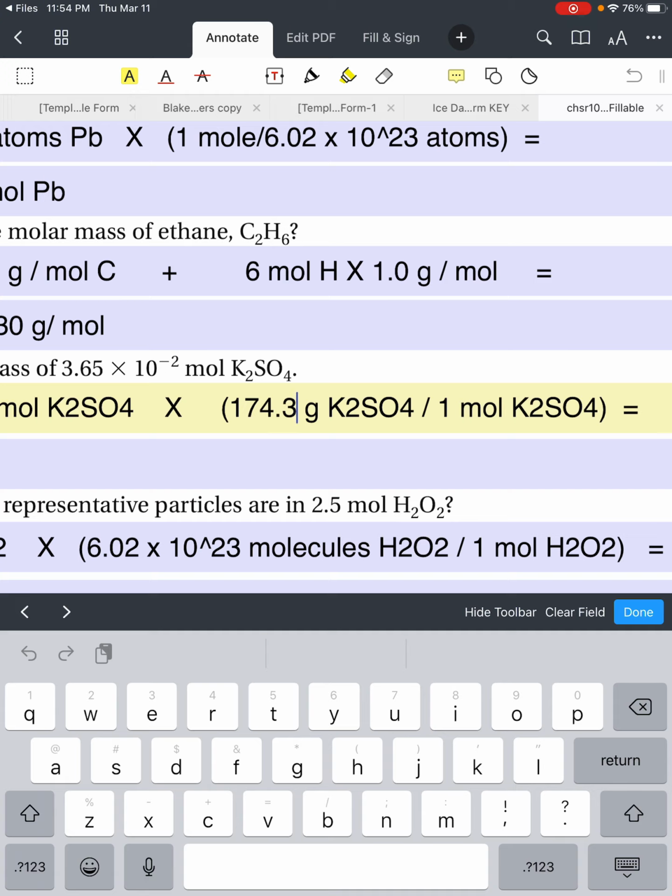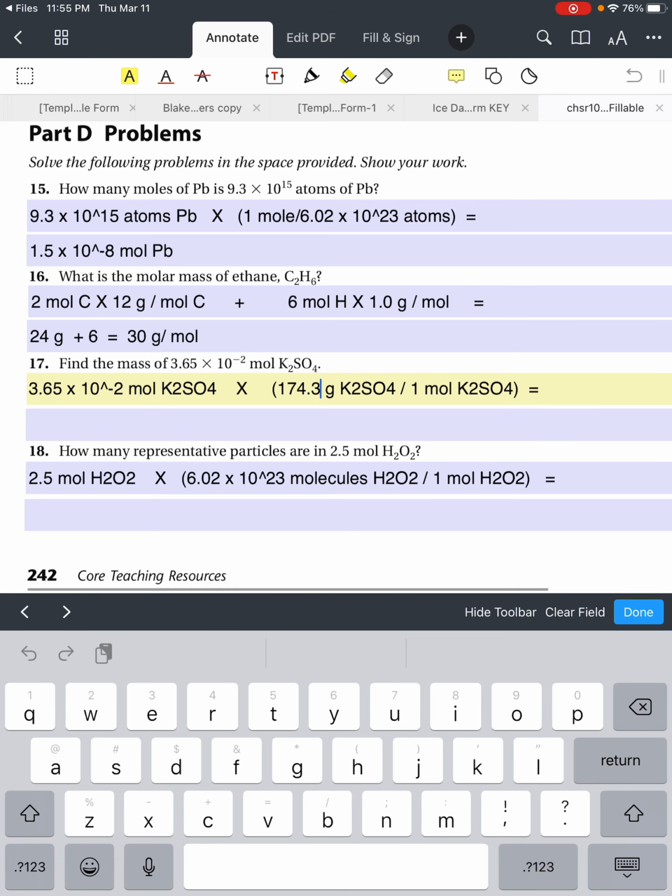And oxygen is 16 grams, but you need 4 of those, so you would add in 64 plus the 32 plus the 78, and you get to 174.3. Oxygen in my periodic table is actually 15.9994 grams per mole.